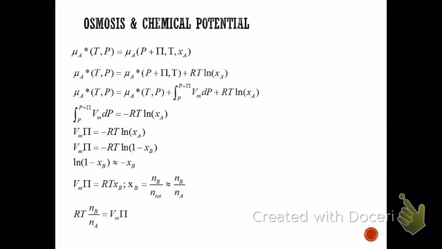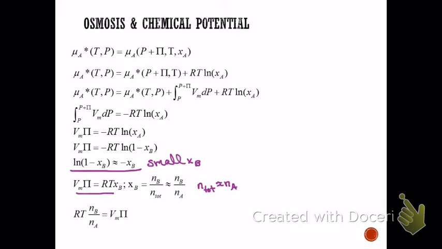All right, now, again, one more approximation. Well, not the last one, but because x sub B is small, we can show that the natural log of 1 minus x sub B is roughly equal to negative x sub B. And we can make that substitution.